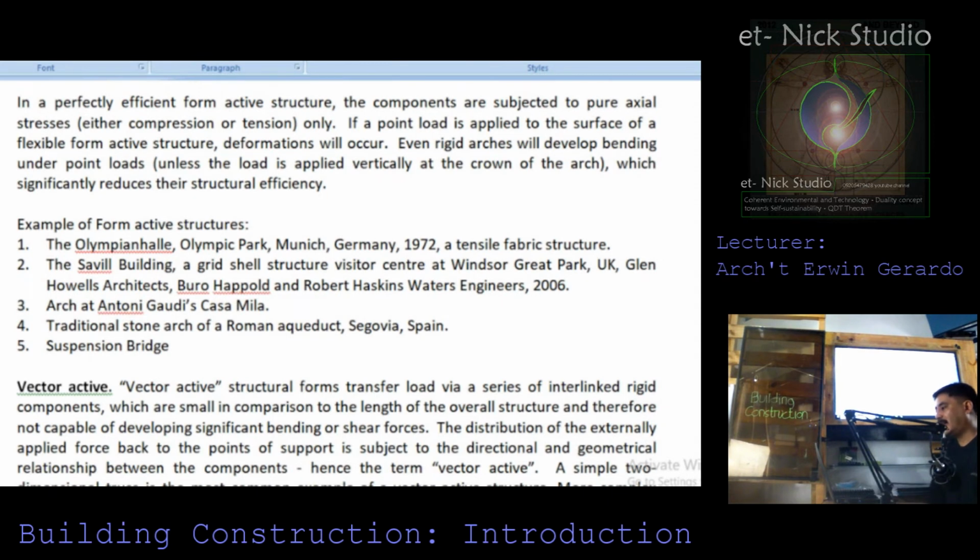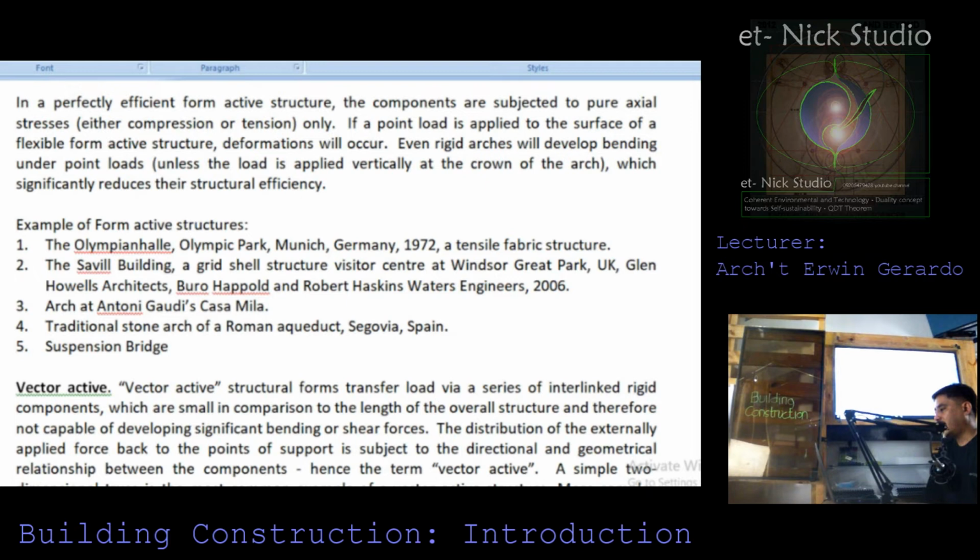In a perfectly efficient form active structure, the components are subjected to pure axial stresses, either compression or tension only. If a point load is applied to the surface of a flexible form active structure, deformations will occur. Even rigid arches will develop bending under point loads unless the load is applied vertically at the crown of the arch, which significantly reduces their structural efficiency.